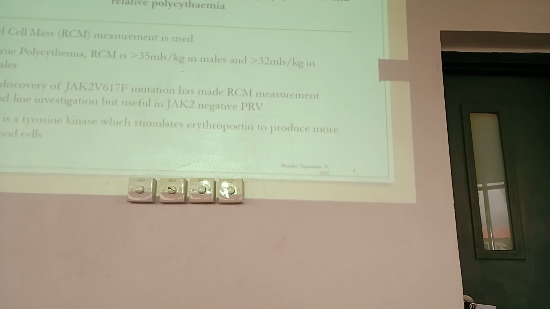You draw 5 mils of blood, label the red cells with radioactive iodine, and then inject the labeled radioactive iodine red cells back into the body, and then measure dilution.